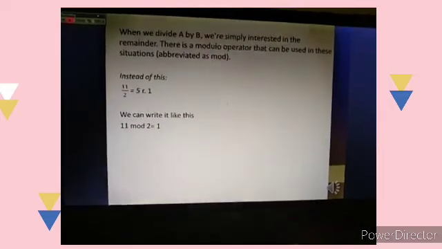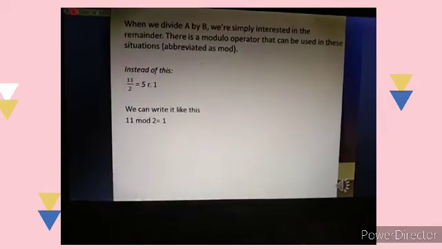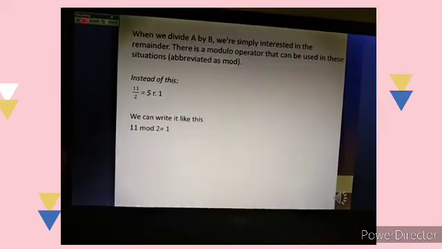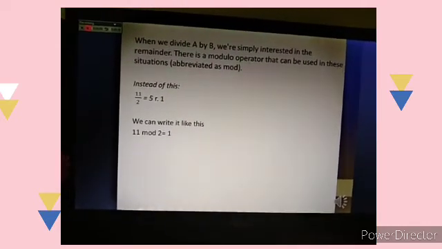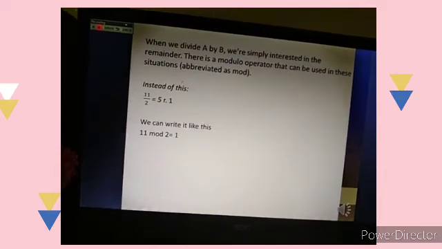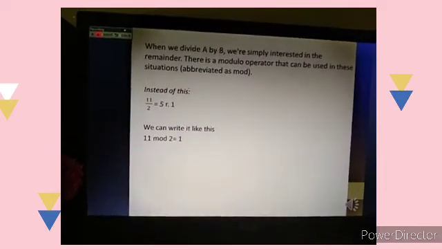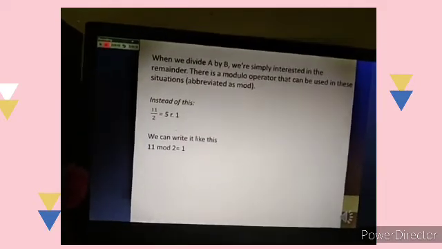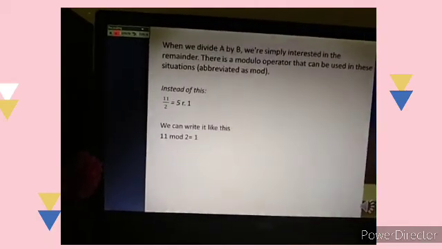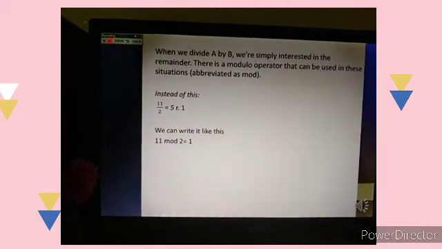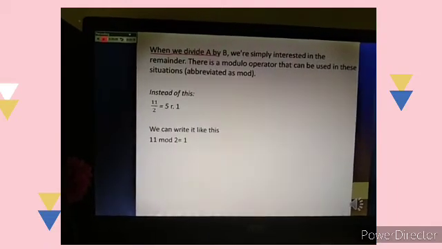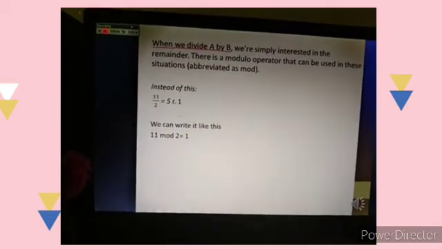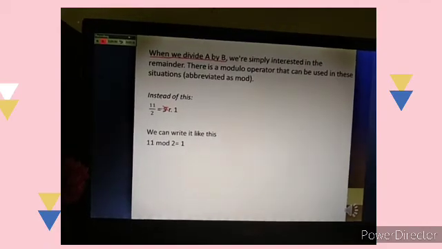Next page. So, when we divide A by B, we're simply interested in the remainder. There is a modulo operator that can be used in this situation, abbreviated as mod. This is what I said earlier that I can explain: when we divide A by B, we no longer need the 5.